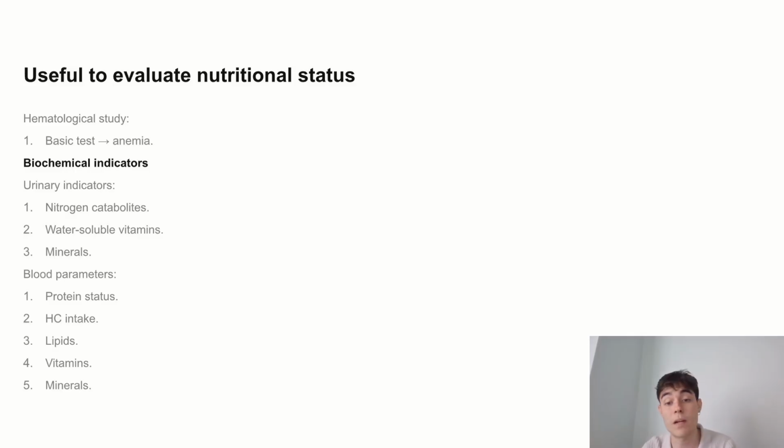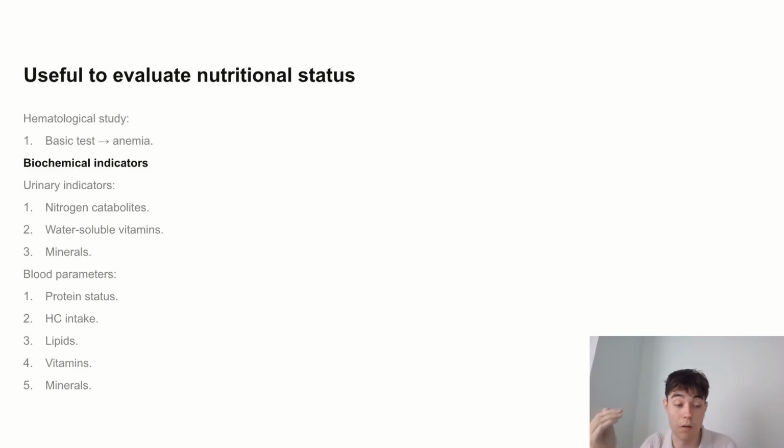Then, talking about the blood parameters, we can identify the protein status, carbohydrate intake, lipids, vitamins, and minerals too. In the protein status, the amount of protein in the blood is influenced not only by its intake, but also by a deficit of some vitamins or minerals involved in metabolism, such as zinc, pyridoxine, etc. This is important to know because it allows us to see the global relationship among all the systems and nutrients in the human body.